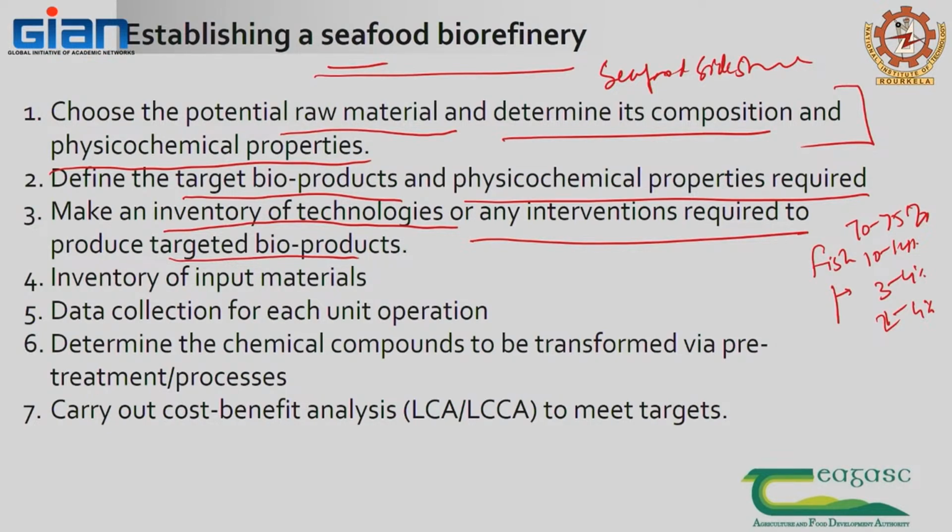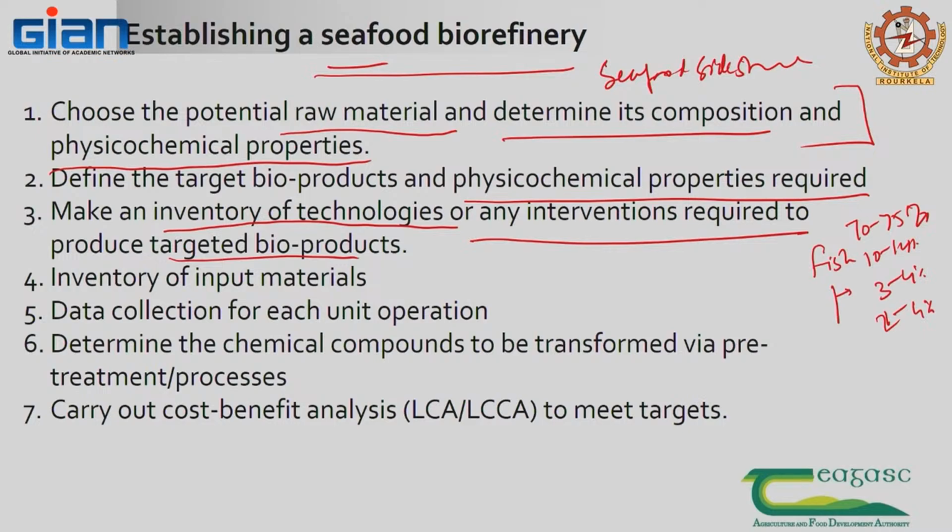First to know the raw material, then what you want to obtain out of it and what the physico-chemical properties are. That means your target is to get petrol. Petrol has a specific density, a specific composition, its flash point, its knocking value, and all those properties are there. And based on that, the processes are established.